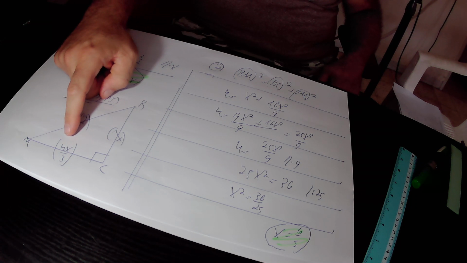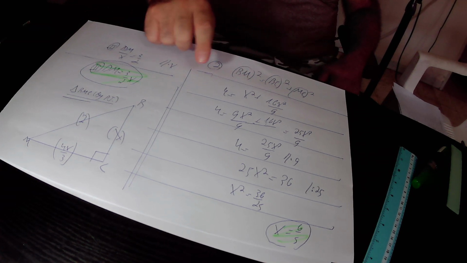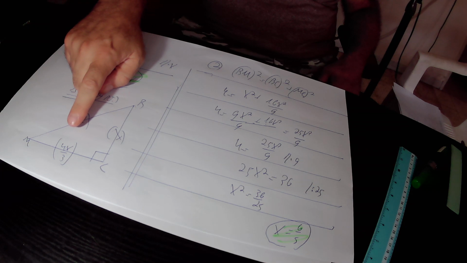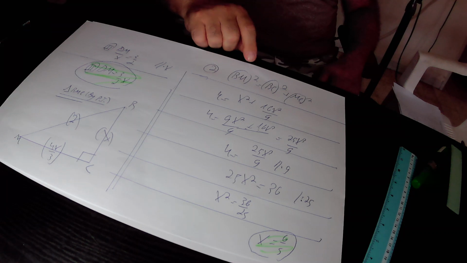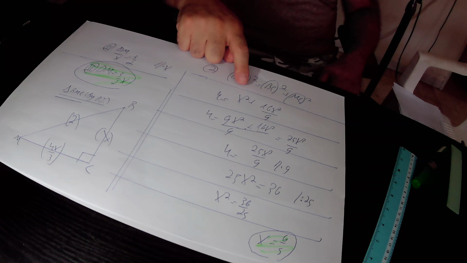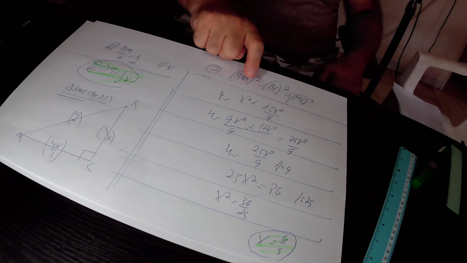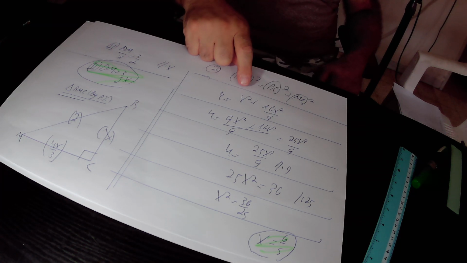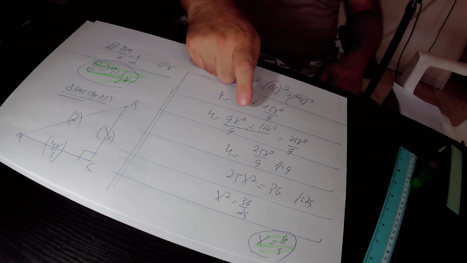So 4x over 3 squared is 16x squared over 9. So in total, 4 equals x squared plus 16x squared over 9. Here we multiplied x squared by 9 and then divided by 9 in order to have a common denominator with this expression. So we have 9x squared over 9 plus 16x squared over 9.